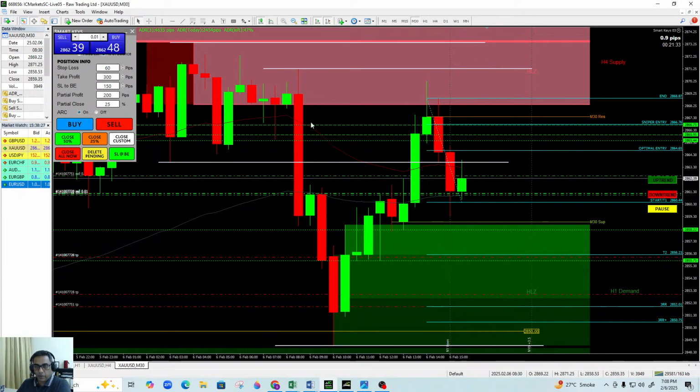A safer stop loss would be above this London high, right? That's very wide. A more aggressive stop loss can be above this M30 candle high, right? That's fine. But obviously, I'm going to let price get there, so we'll just put a mark there.